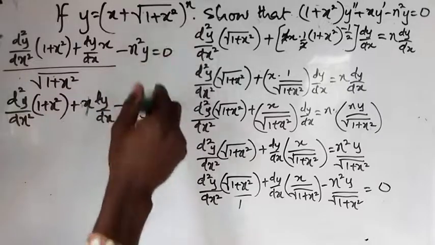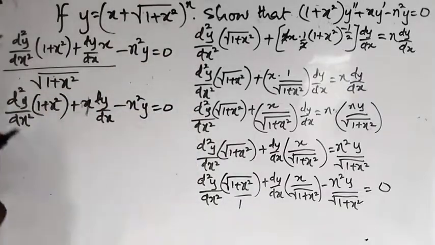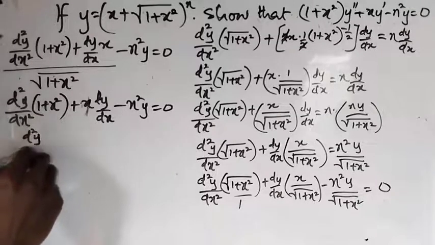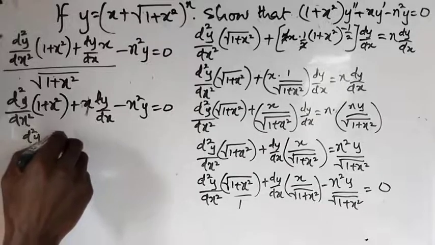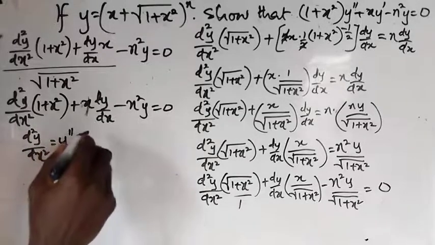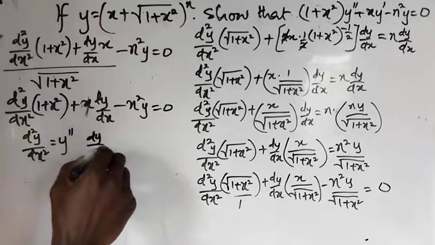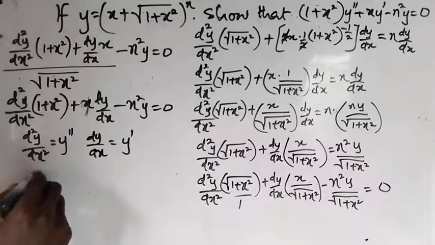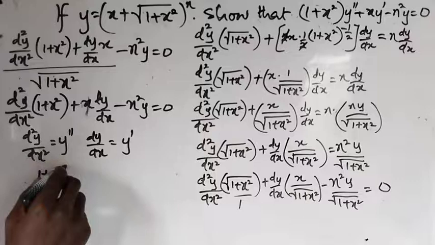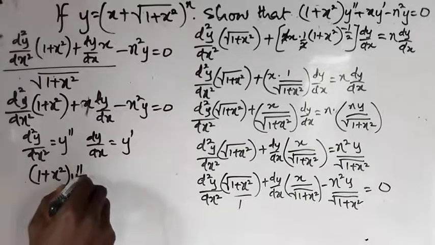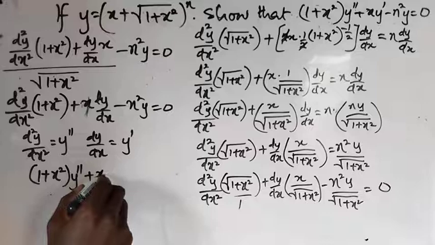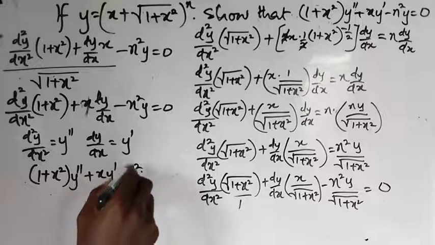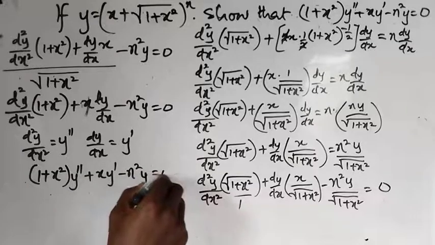This times this will now give us 0. Where d²y over dx² equals y double prime, and dy/dx equals y prime. So let us replace this. So here you have 1 plus x to the power 2, this, plus x, this, then minus n to the power 2 y equals 0.